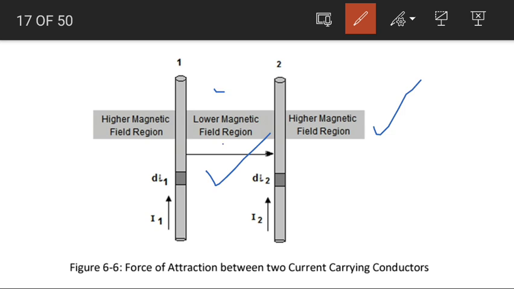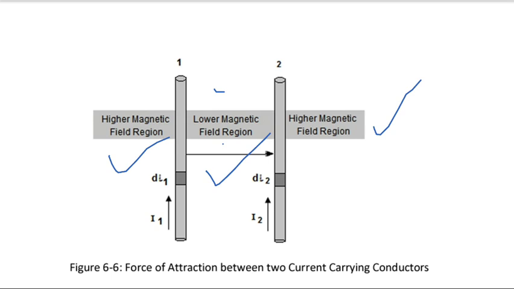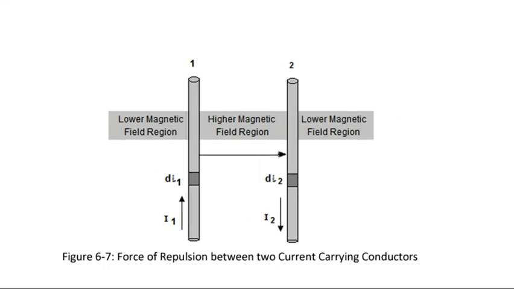Similarly, this is a higher magnetic field region, and this is a higher magnetic field region as well. We know that conductors will tend to move from a region of higher magnetic field towards a region of lower magnetic field. So there will be a force of attraction between these two conductors. When the currents in these two conductors are in the same direction, there is a force of attraction between them.